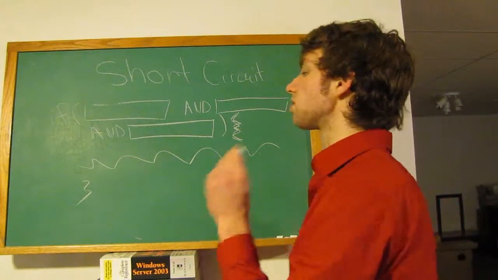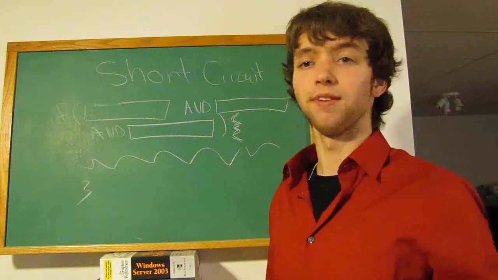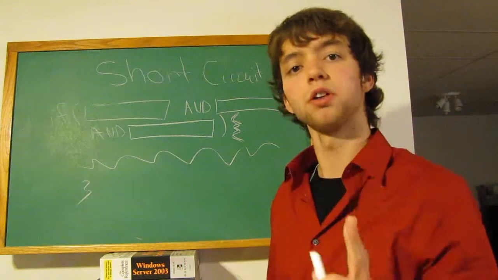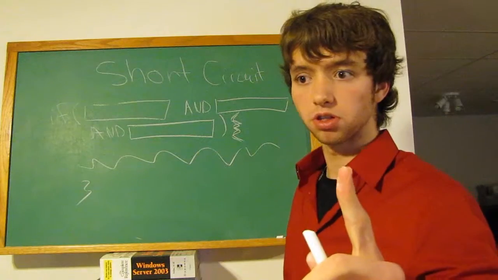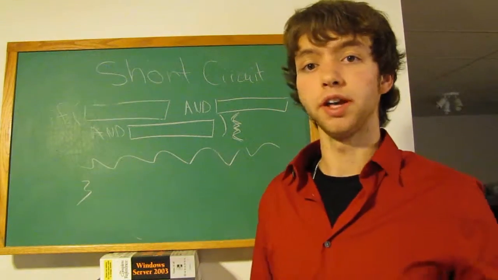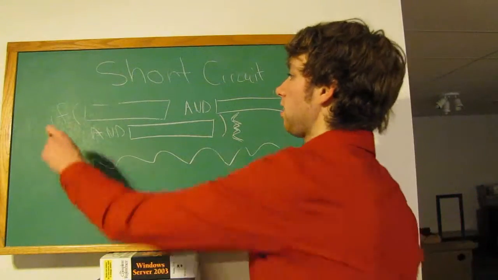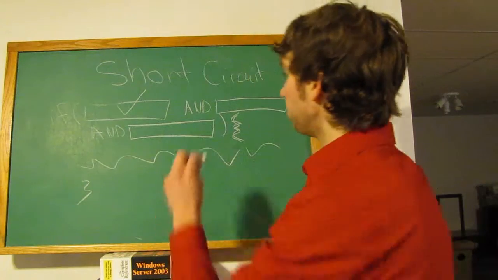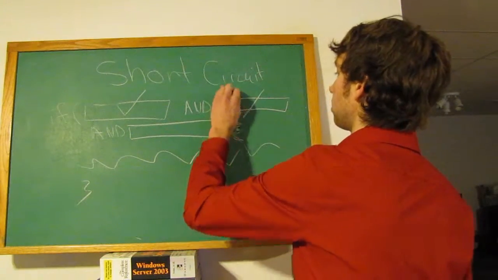So, a short circuit, well, in order for this to work, they all have to be true. That means if one of them is false, then it's not going to run this code here. So, if PHP is going through and says, okay, let's say this one's true, good, but this one's false.